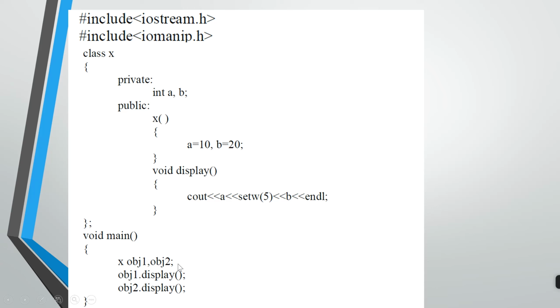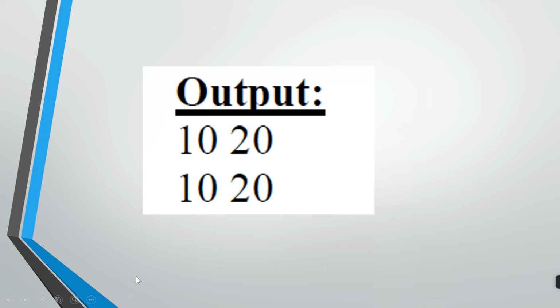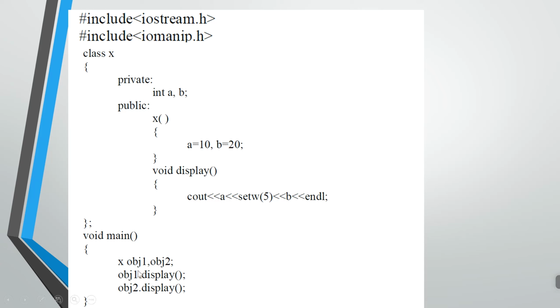So whenever we display these two contents, our output looks something like this: 10, 20, 10, 20, because both the objects object 1 and object 2 are using a default constructor with the same value.